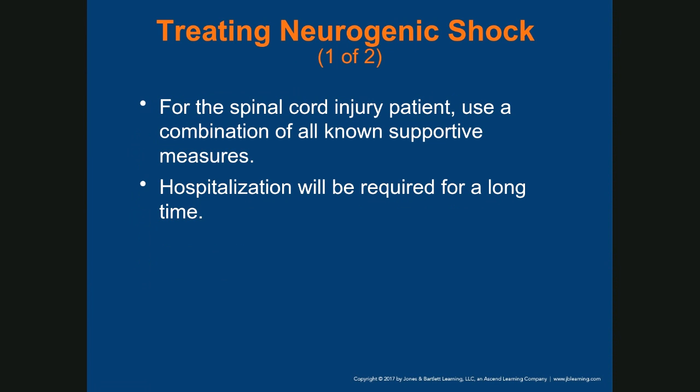Treating neurogenic shock, you definitely need to consider spinal motion restriction procedures. For the spinal cord injury patient, use a combination of all known supportive measures. Hospitalization will be required for a long time.